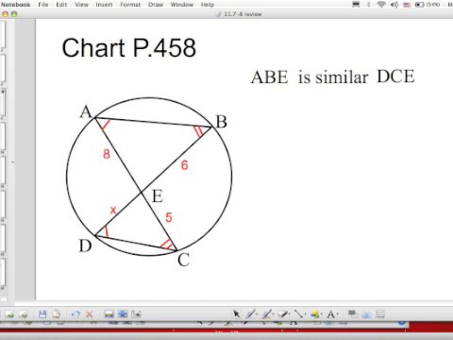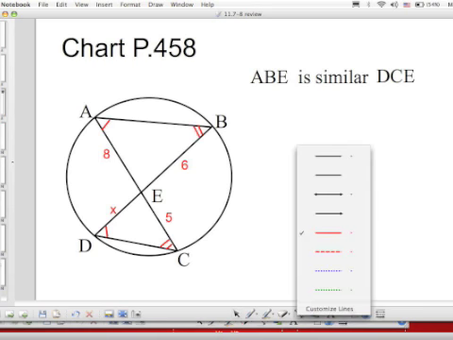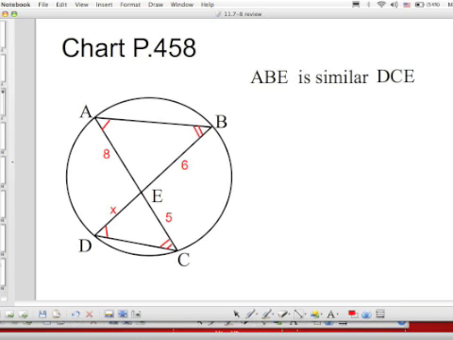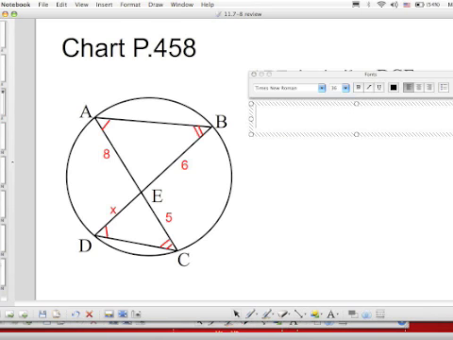Now the next question would be, what's the scale factor? Well, you can't just randomly line stuff up. You got to make sure everything's corresponding. If we look in the lower triangle, the only side we know is CE. So, we are going to try to decide what the corresponding side is in the other triangle, and that would be BE, which we know its measure as 6.